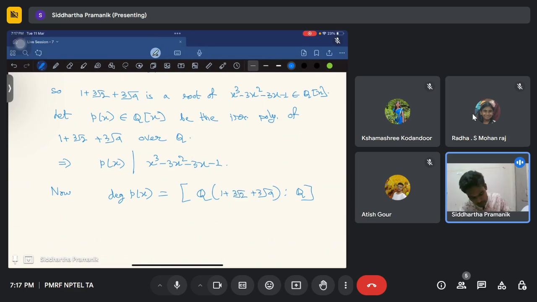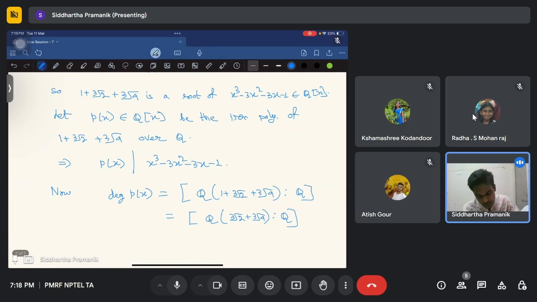So this degree is actually the same as the degree of Q(cube root of 2 plus cube root of 4) over Q, right? So go back to the second problem. 1 is an element of Q, so it will get absorbed. So these two fields are equal, and the degrees of these extensions are also the same. So what is the degree of this extension?